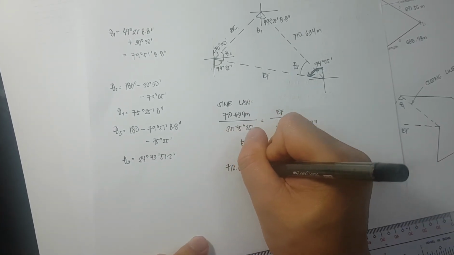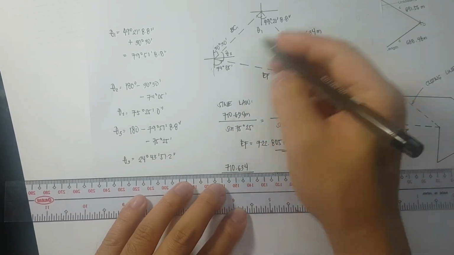And lastly, we have line BC. So 710.634 over sine of the opposite angle.